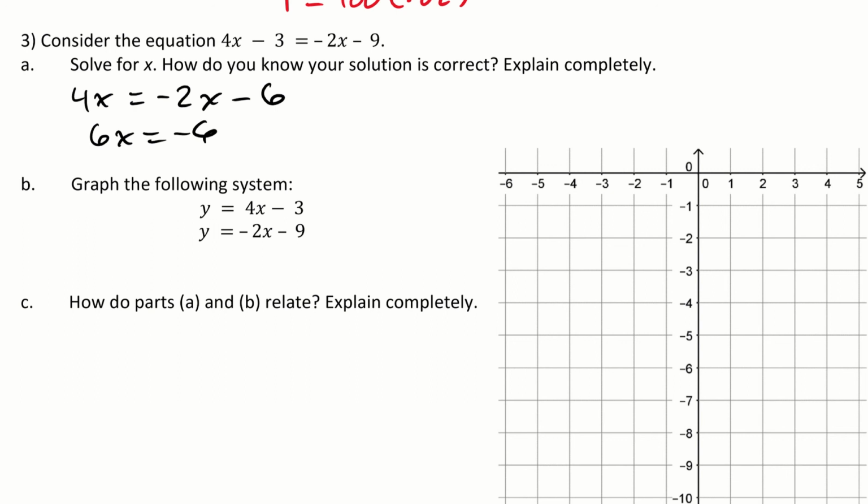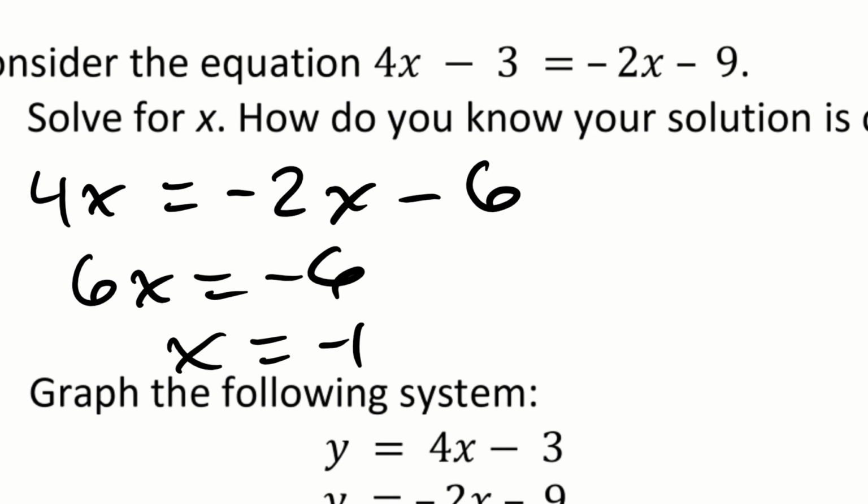And if I divide both sides by 6, I get that x is, I believe, negative 1. Now, the next question is, how do you know your solution is correct? Well, I don't yet. However, I'm going to go ahead and take this value, x equals negative 1, and I'm going to place it in the equation in both places and see what it gives me.